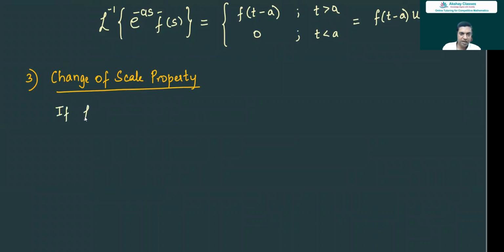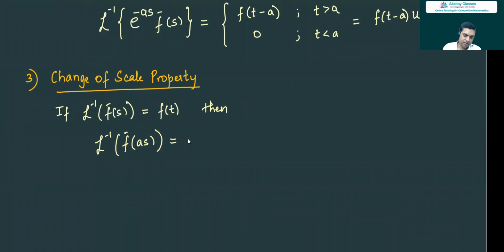If Laplace inverse of f bar of s is equal to f of t, then Laplace inverse of f bar of as is 1 by a f of t by a.